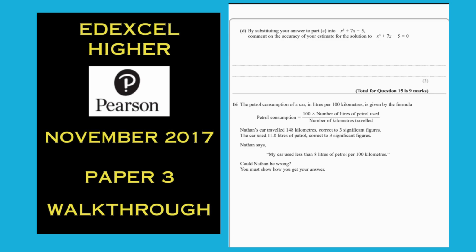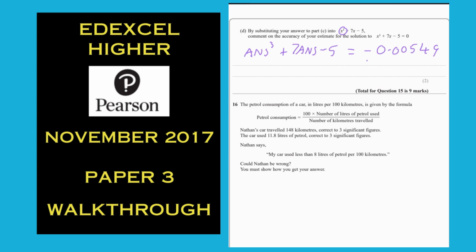So part D, by substituting your answer in. So don't clear your calculator, keep your answer in, press ANS cubed, because you're subbing it into here. Press ANS cubed plus 7 lots of ANS minus 5, and you get a very, very close to 0 answer of minus 0.00549.